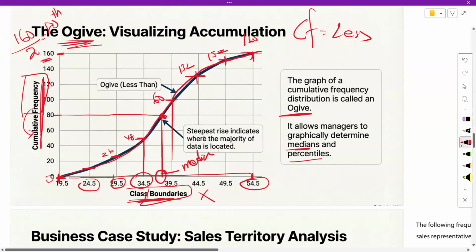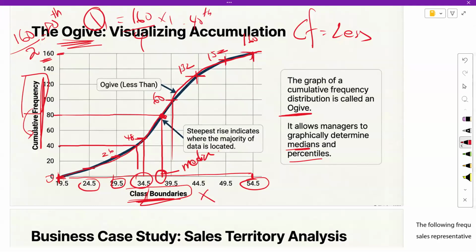And the quartile, Q1. How do we find Q1? We know there are 160 observations, 160 divided by 4 into 1 equals 40. The 40th observation is here, and getting down, this is Q1.